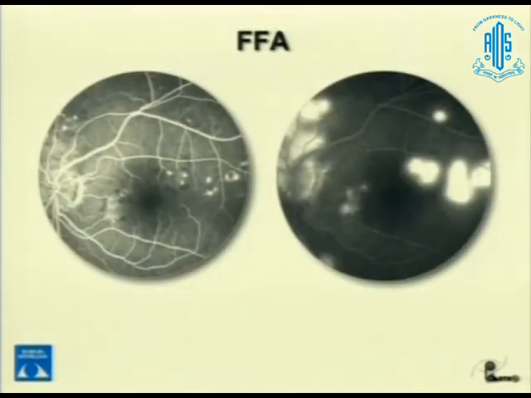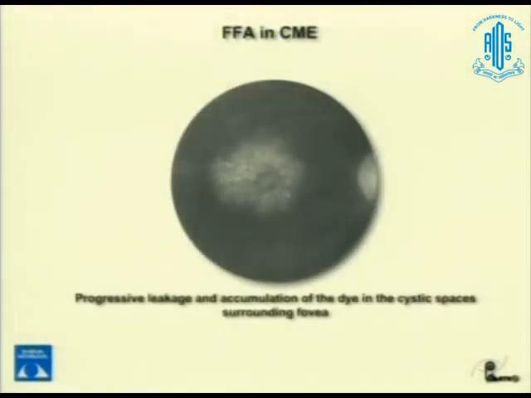See, we did an angiography and it showed this small leakage which was increasing in intensity and size in the later frames. So it was a case of multiple leak CSR. So one should be very careful before starting any treatment, because the management of these two conditions is paradoxical. So it's very important to do a fundus fluorescein angiography.